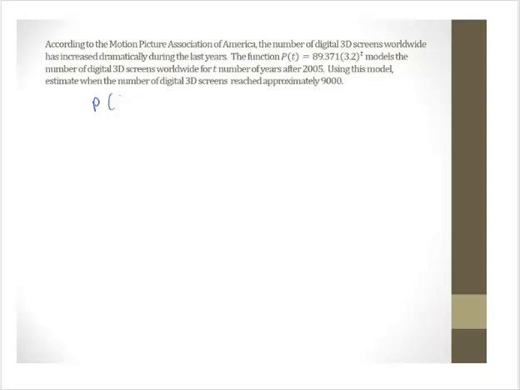So we want to solve where p of t is equal to 9,000. So where is 89.371 times 3.2 to the t equal to 9,000? Well, we know how to solve this. I'm going to isolate the exponential.